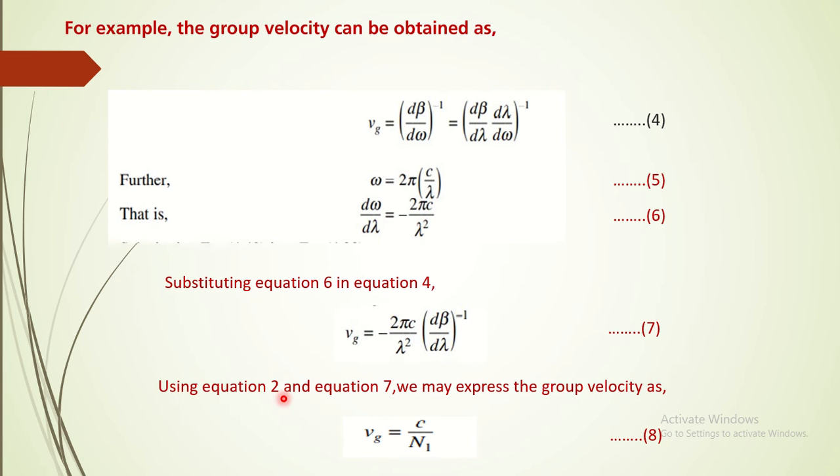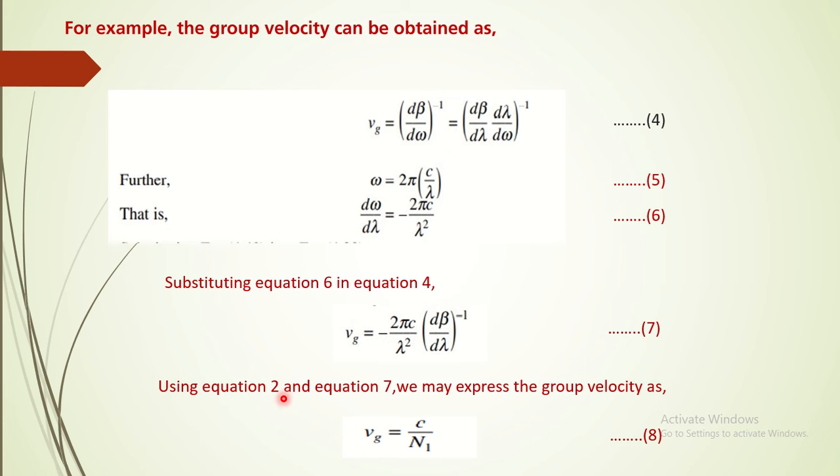Now let us see what the group velocity is and how to obtain it. The group velocity can be obtained as Vg equals d beta by d omega, the whole inverse. I can rewrite the equation as d beta by d lambda into d lambda by d omega, just multiplying and dividing by d lambda.